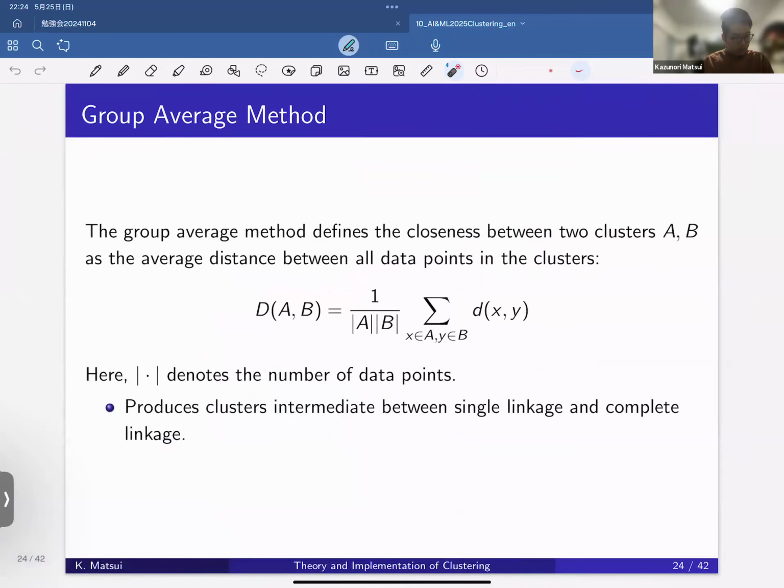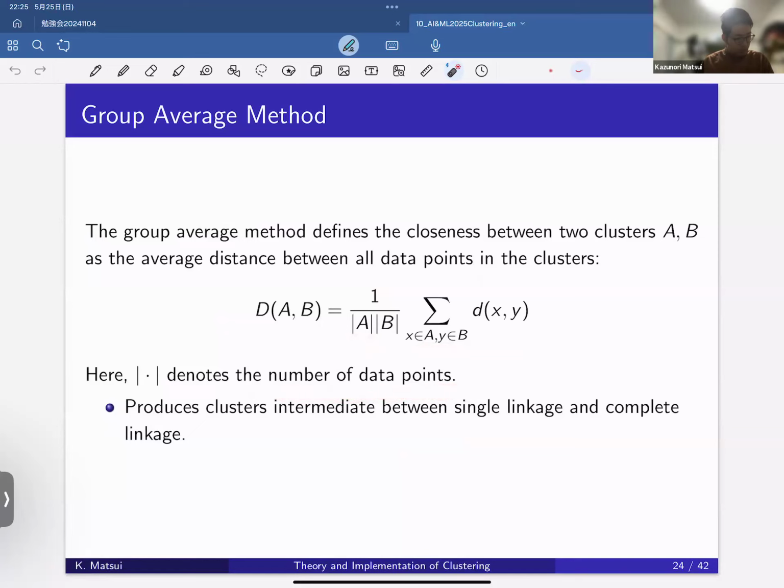There is another method called the group average method. The group average method defines the closeness between two clusters A and B as the average distance between all data points in the clusters. This absolute value of A represents the number of data points, not the absolute value.